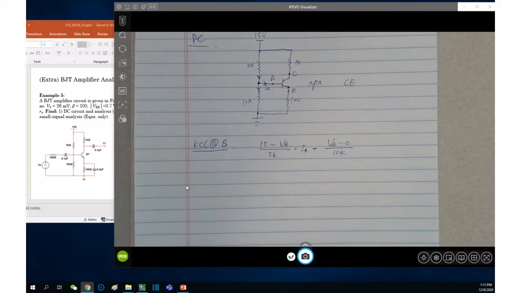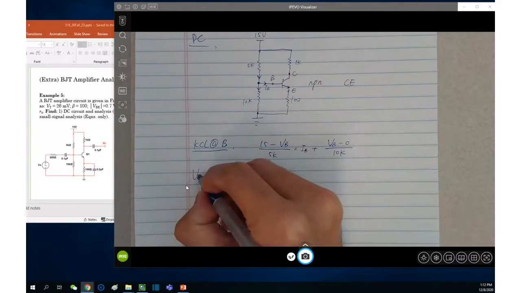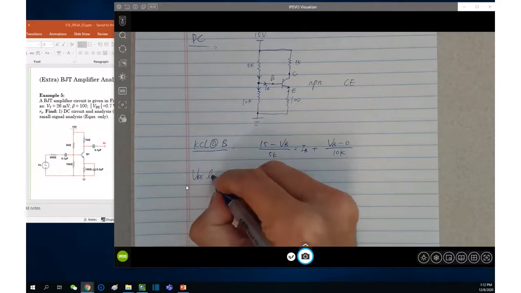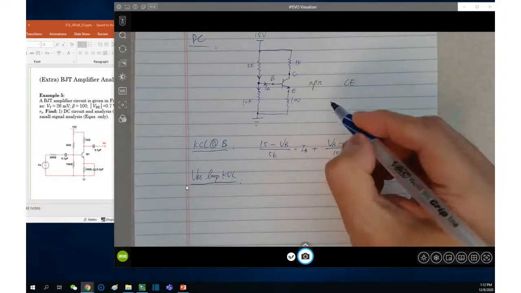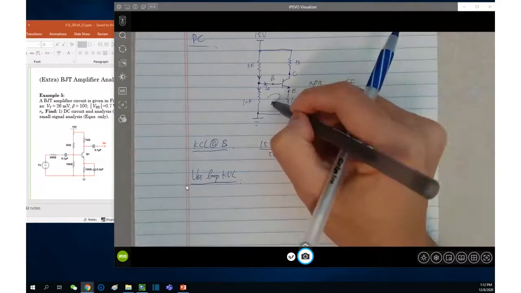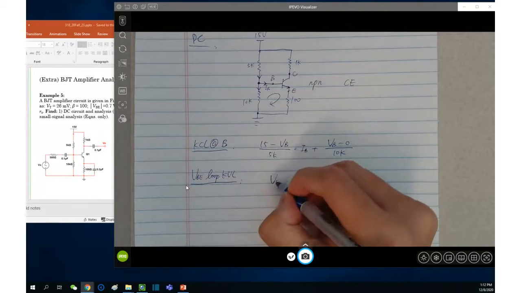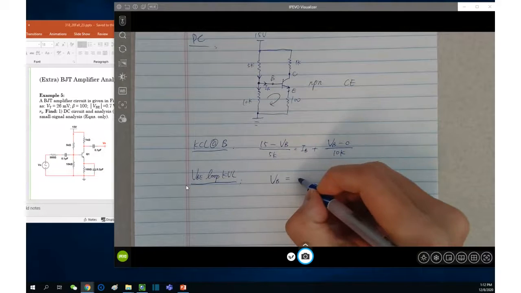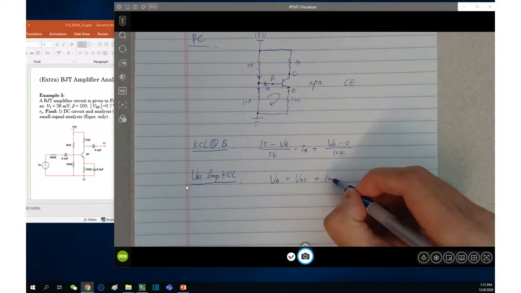Second, quite regular, is the VBE loop KVL. You realize that it is down here, inside of this loop. You can have VB equals VBE plus 100 times IE.